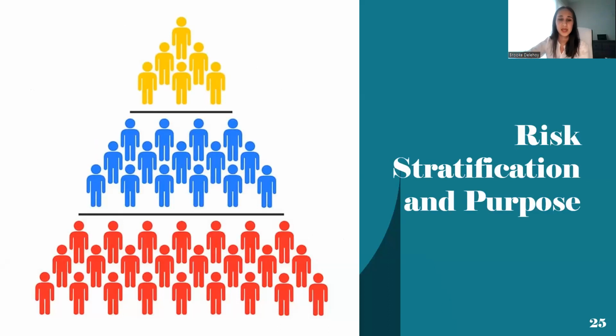All right. Now, you heard me mention the patient should be screened based on personal history factors and also family history factors, including family history of cancer. What does that mean in terms of risk stratification and why do we do so?